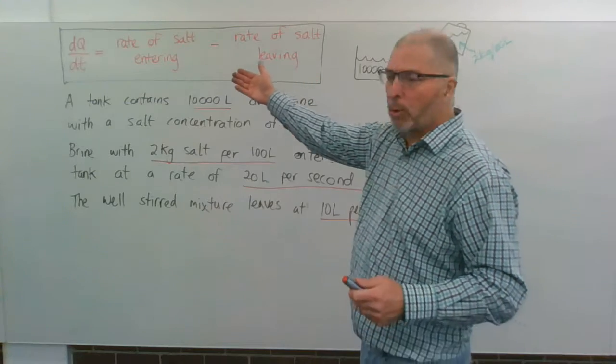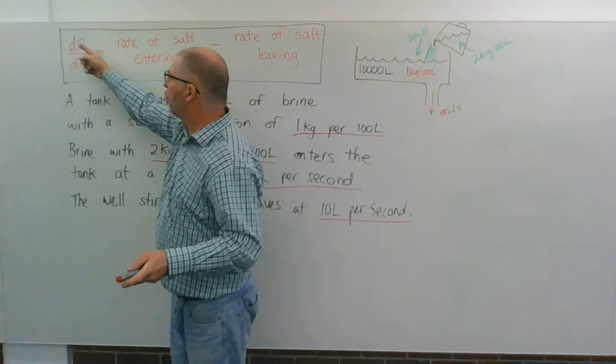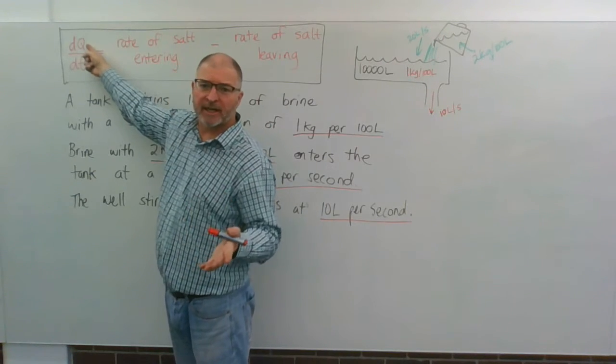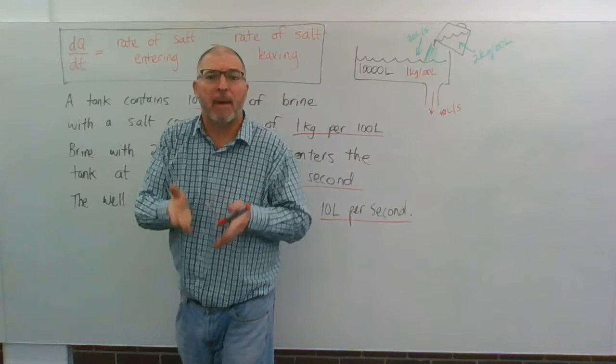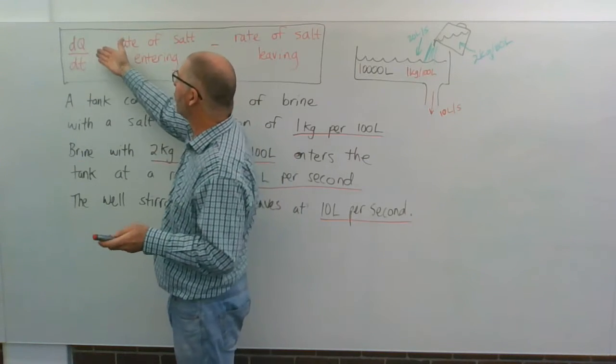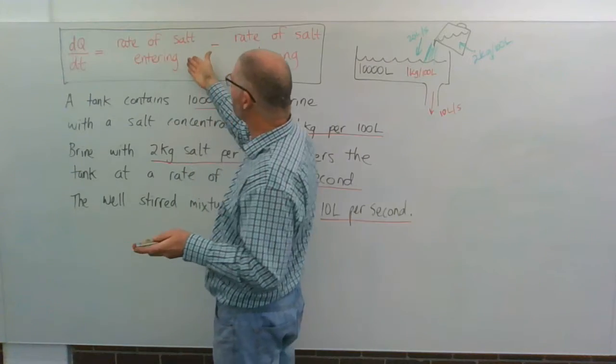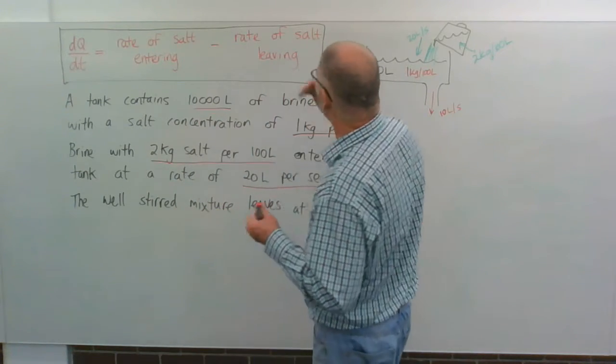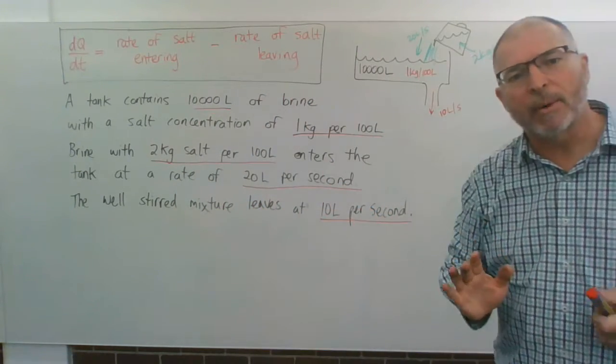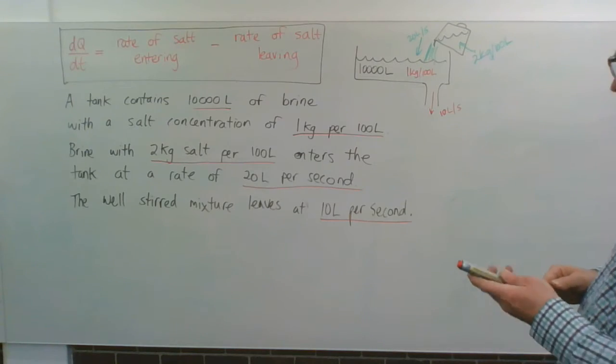And this is important. We said before, dQ/dt, the rate at which the quantity is changing, now Q can be the actual amount of salt in kilograms, is the rate of the salt entering minus the rate of the salt leaving. So that's where we're going to pick up now and do our answer.